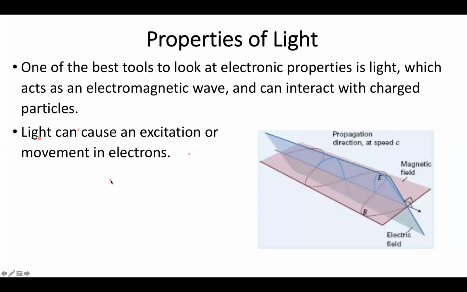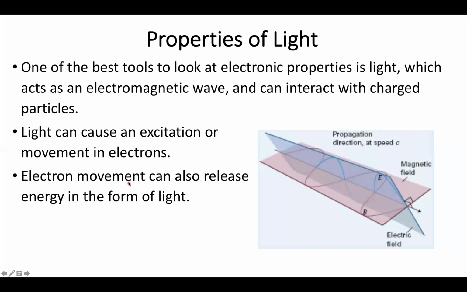So if I know what types of light are being absorbed, I can tell a lot about the behavior of my electrons. Similarly, if I have an electron that is already excited and high energy, it can move down to a lower energy level, releasing energy. And any energy that's released is also going to be in the form of light. This is going to be a big dominating feature of electron movement.